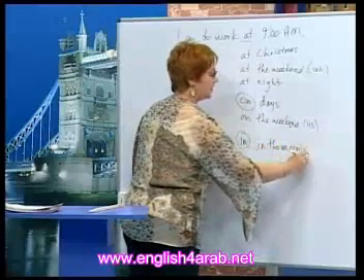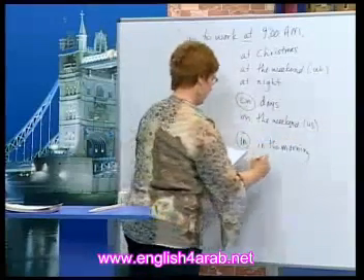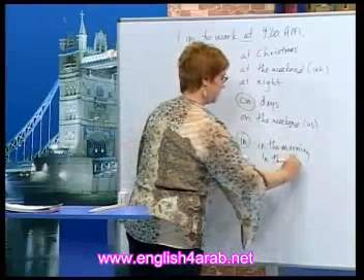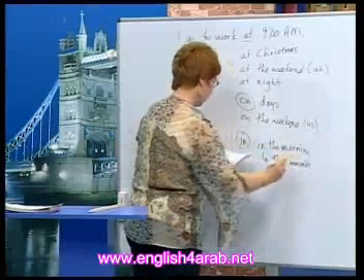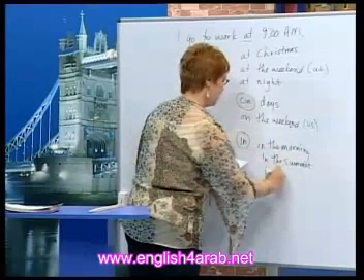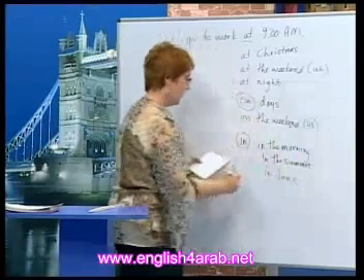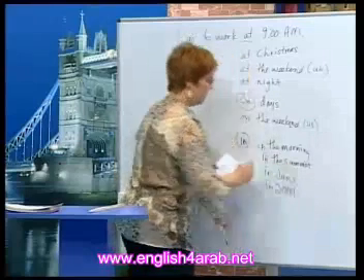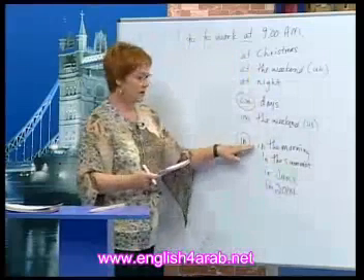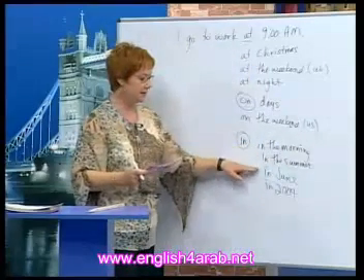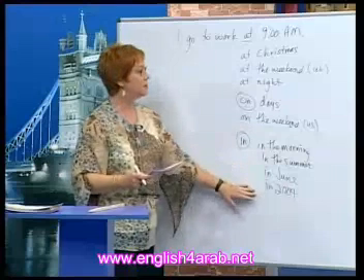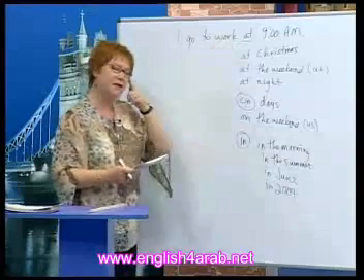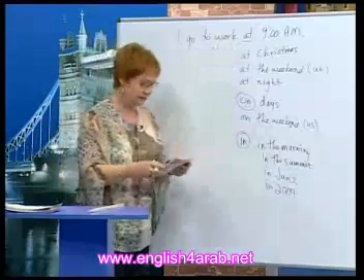This is parts of the day. In the summer, and in for months, for example, June, and in the years, 2004. So in is for parts of the day, seasons, months, and years. Okay? So at, on, and in. You have to think about which ones to use.